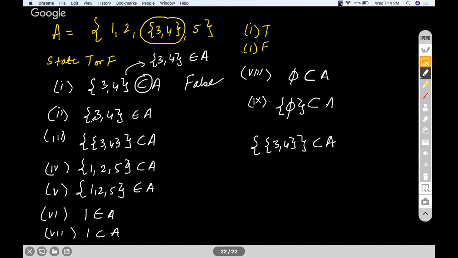Okay. Next one. This is true. Yes, this is true. This is correct. But this is not correct. First one was not correct. Second one is correct. Third one is true. Correct. As I already wrote here. Third one: set containing 3, 4 is a subset of A. Okay.